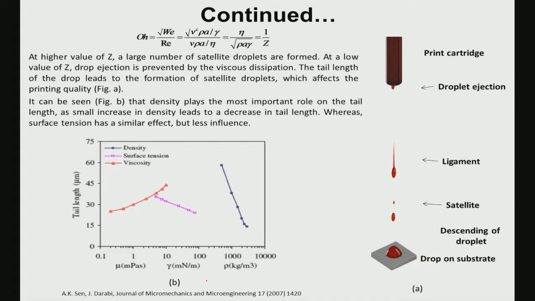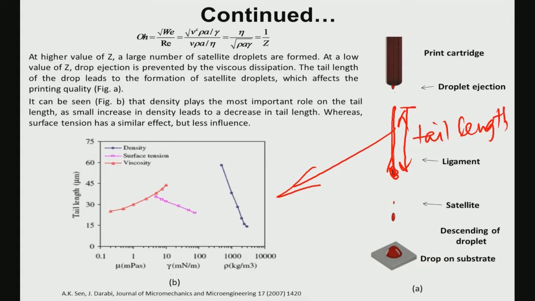Here again, as I said, this ligament that is formed and then ultimately disintegrates into the drop, this ligament characteristic is what we call tail length. So, this is your tail length here. This tail length depends on the surface tension forces as well as the viscosity of the material, and surface tension and viscosity have opposing trends.